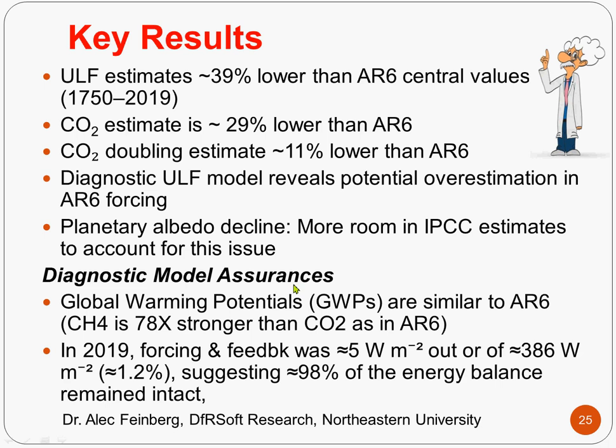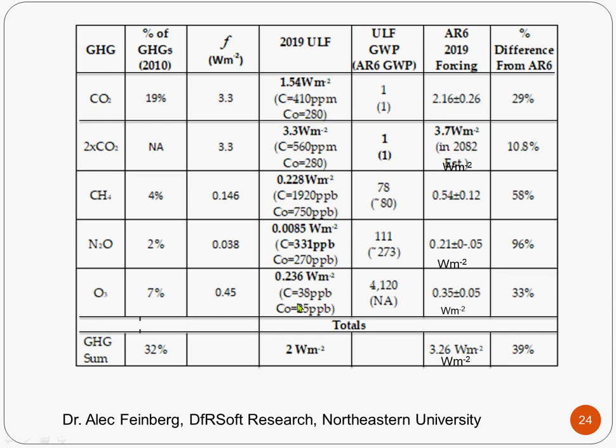Another thing that's helpful to notice is that in this model, I was able to come up with what are called the global warming potentials. The global warming potential is a number relative to CO2. So CO2 is a factor of 1, and relative to that, the model comes out with 78. The AR6 claims about 80.